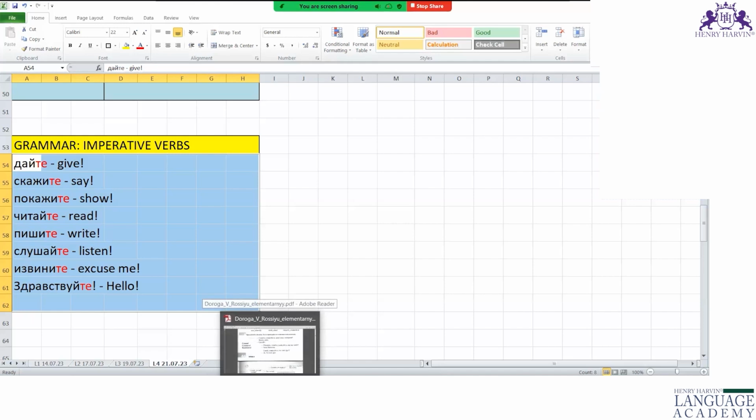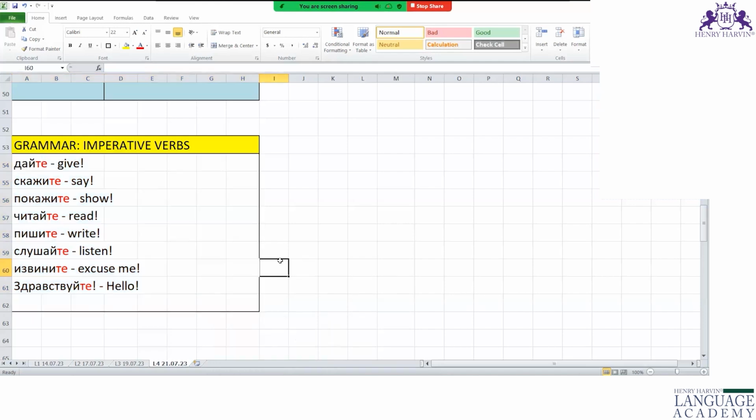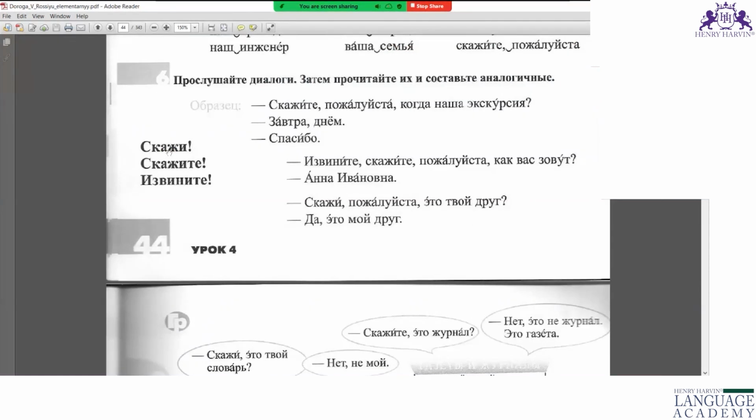Так, теперь, did you write it down with me? Yes. Okay, so now we will try to read here. Скажи, informal, say. Скажите, formal, because we add те. Извините. And here we have образец. Образец is example.